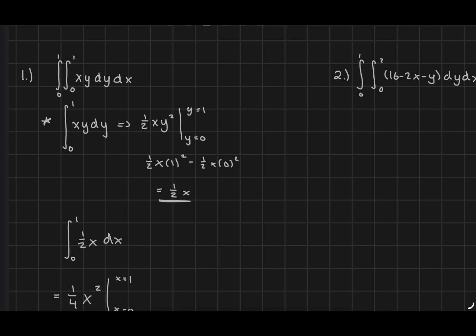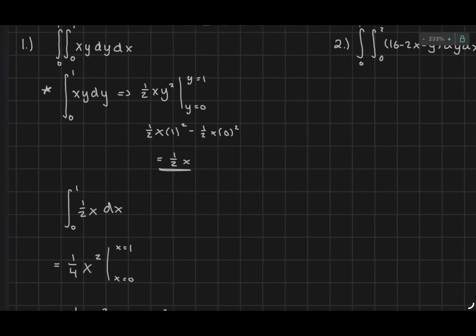So when you're first starting out doing these double integrals, triple integrals, it can definitely be helpful to specify what value each variable in your function takes. Definitely something that can be useful there.